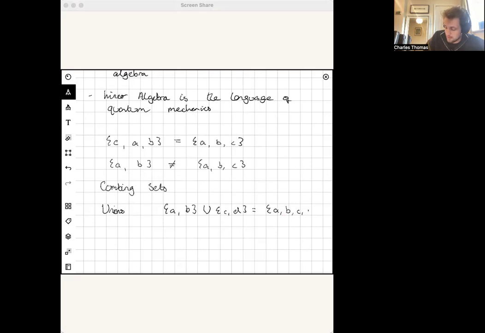So we get A, B, C, D. We're just kind of shoving them together. If something's in both of them, so we'll note that B is in both sides, it only appears once in the union. So here we just get A, B, C, D. We don't get B twice. That's because sets can't have duplicate items.